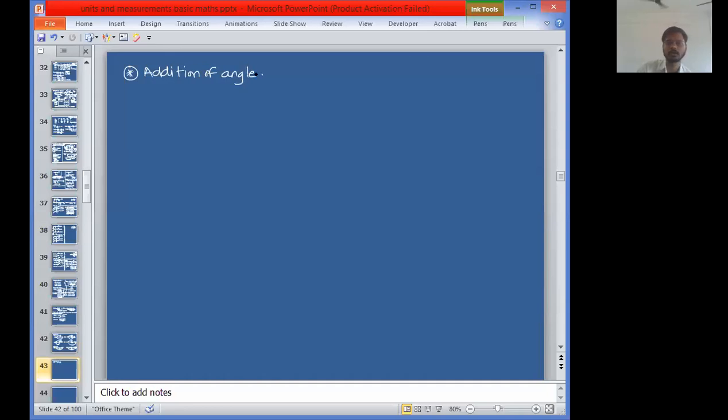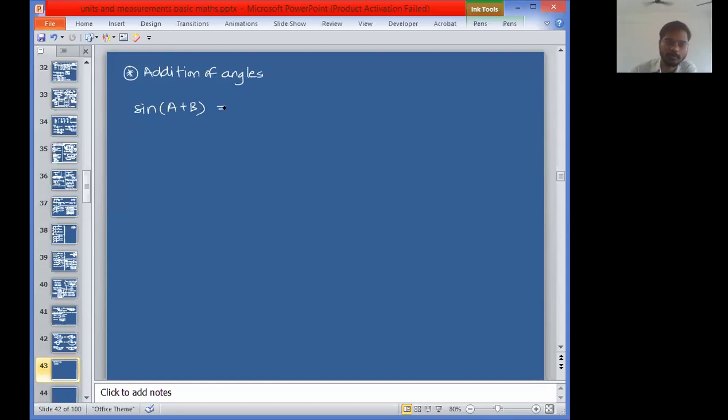Let's say there is sine of two angles, sine of A plus B. A is the angle, B is also the angle, means sine of 30 plus 45. Let's say the total angle is 75. So 75 can be written as 30 plus 45.